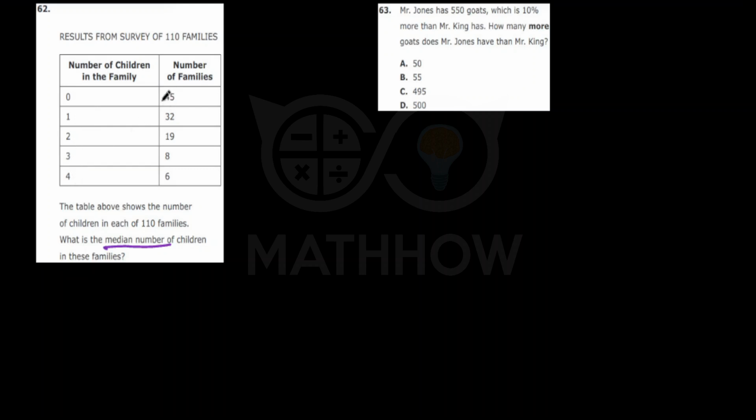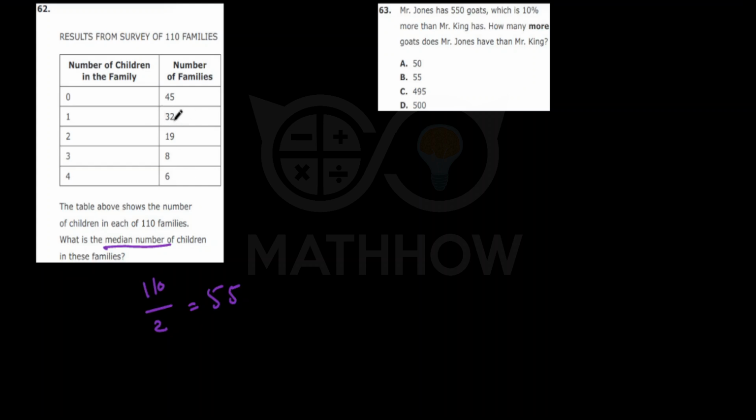So if we were to order these families according to the number of children, it is already ordered in the table. As you can see, 45 families have no child, and after 45, meaning 46th, 47th, 48th family have one child. So total families are 110. 110 divided by 2 will be 55.